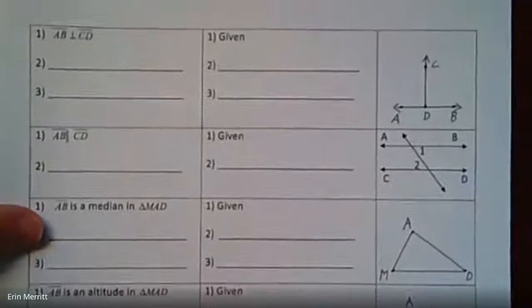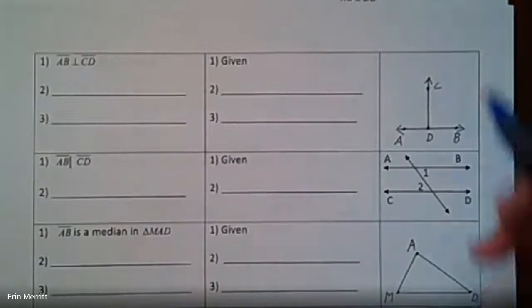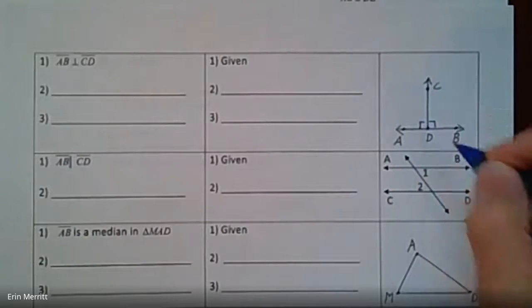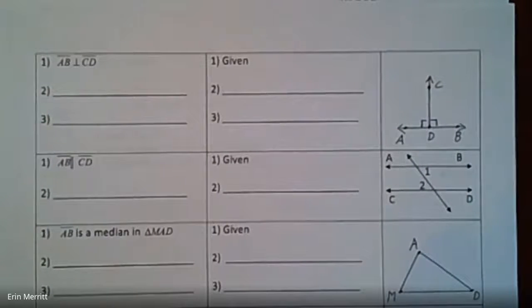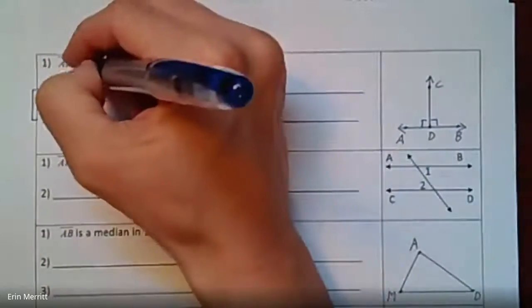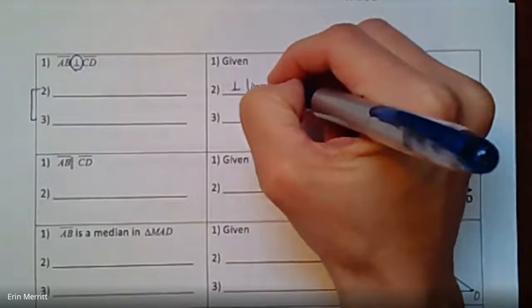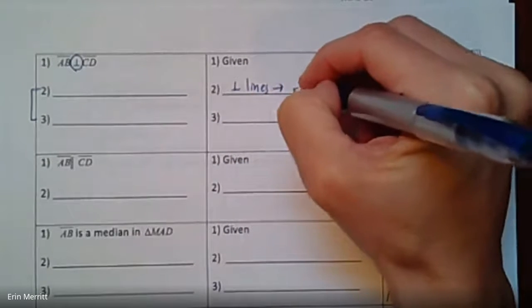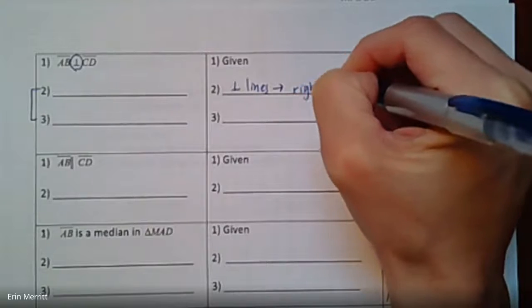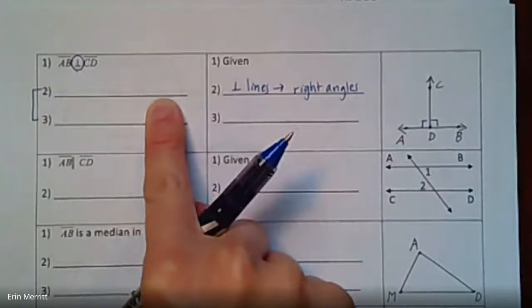There's a couple more vocab terms that we want to get out of the way. So we have AB perpendicular to CD. So you can put in the little perpendicular symbol there. Right? These two steps, they're always going to go hand in hand. So perpendicular is the vocab term. So perpendicular lines implies that we have right angles, which means I need to over here say that something is a right angle.